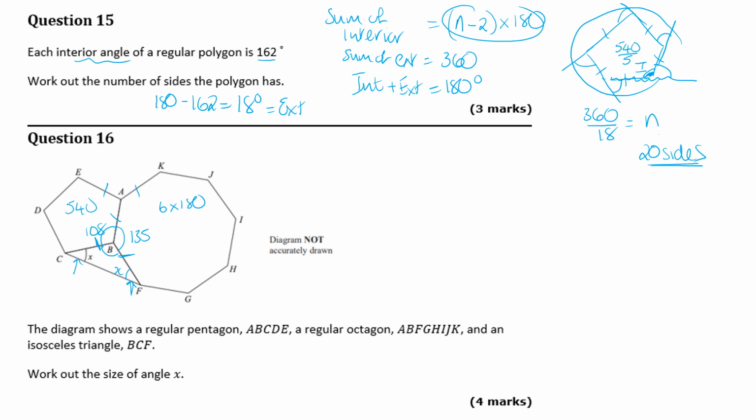And then if you do 135 plus 108 and take it away from 360, this angle here at B is 117. If you do 180 minus the 117 and divide that by 2, x is going to equal 31.5 degrees.